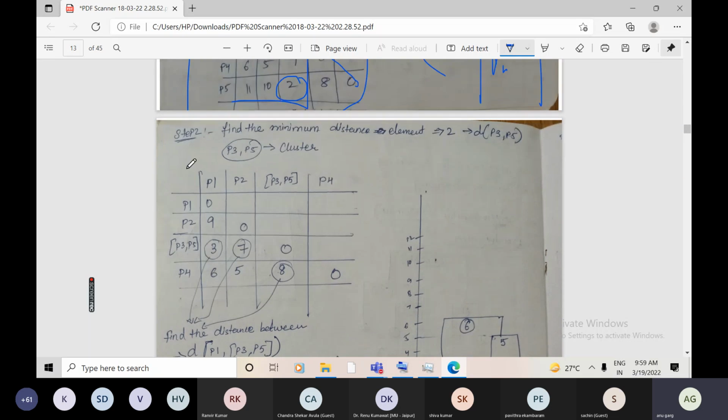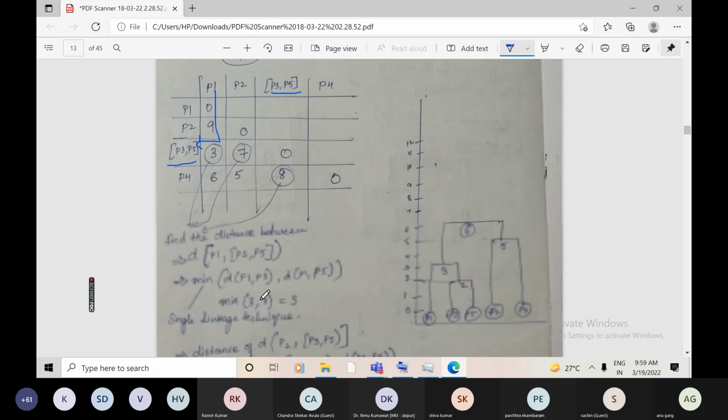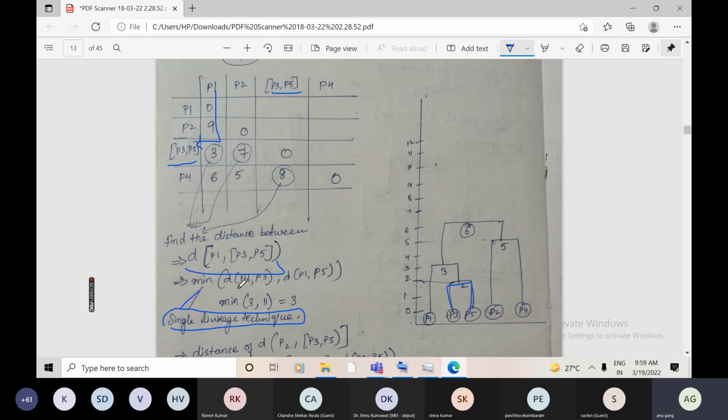Now again you rewrite your distance matrix, and here you need to write P3, P5 together, and here also P3, P5 together. Inside the matrix, the distance between P1 and P1 is 0, and between P1 and P2 it will be 9. From the above table you can write that. But between P1 and P3, P5 you need to find the distance. As they have told, single linkage technique means you need to take the minimum distance between P1 and P3 and P1 and P5.